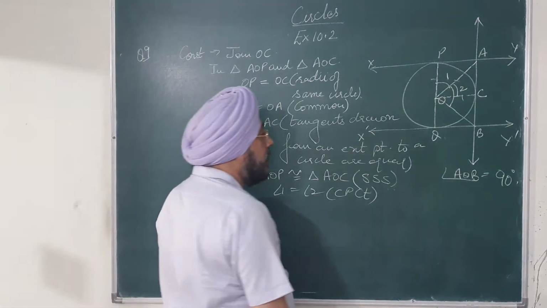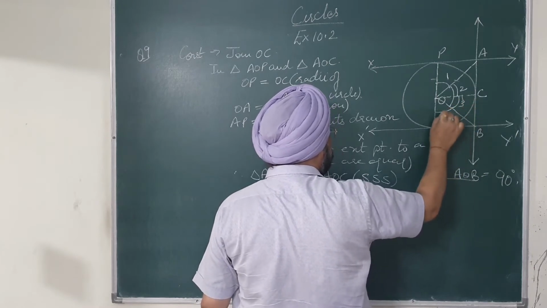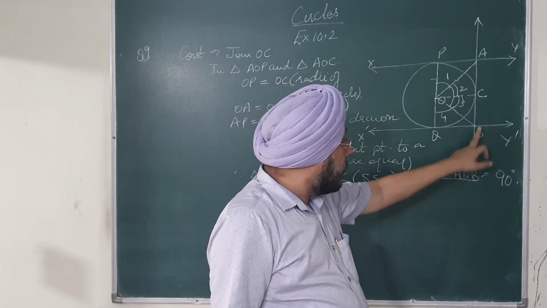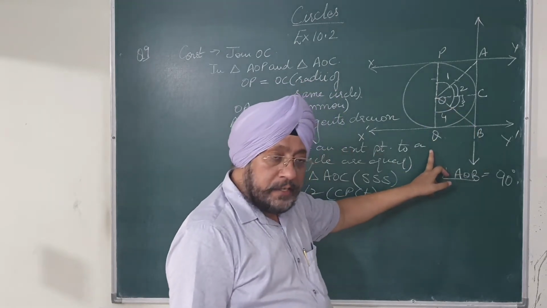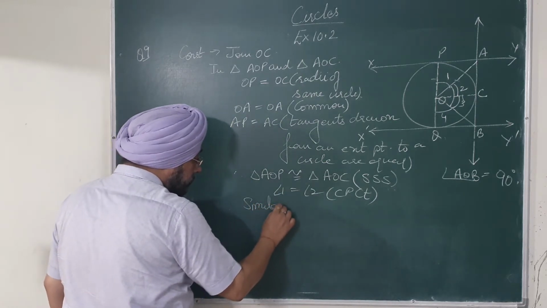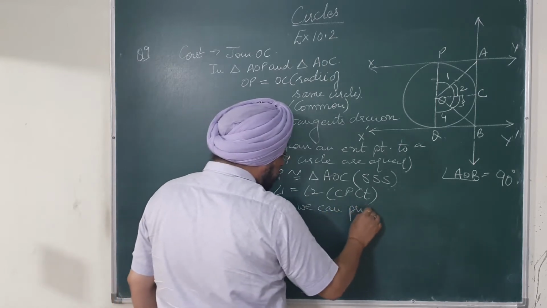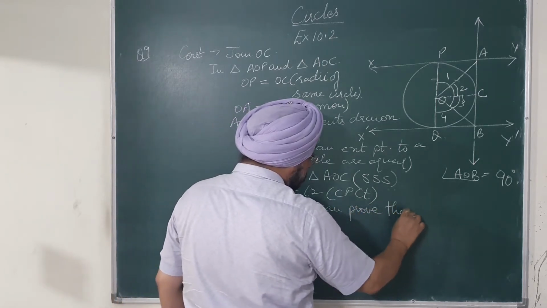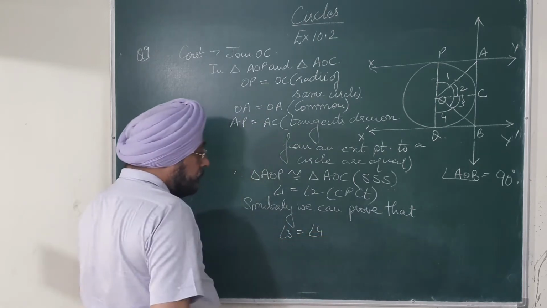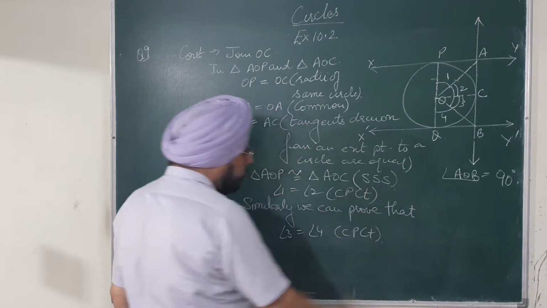Now if angle 1 equals angle 2, similarly we can prove that angle 3 is equal to angle 4 by proving these two triangles BOC and BOQ as congruent triangles, again by SSS and CPCT.